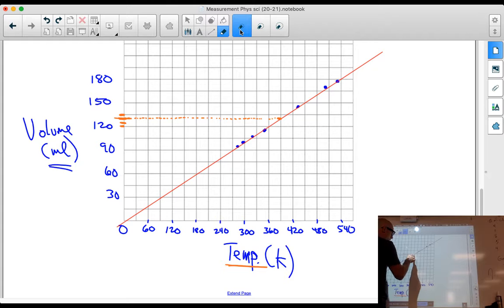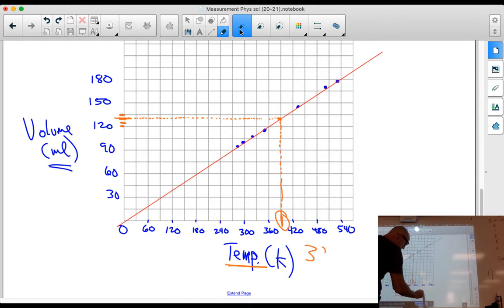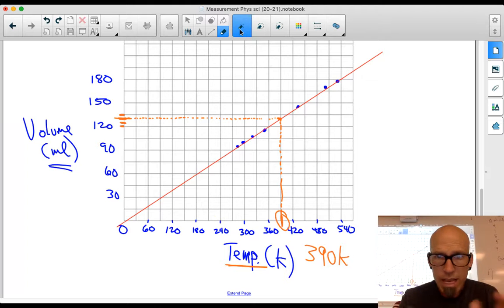So once you get to the best fit, then you drop down on the other axis. And it looks like I'm right here in between 360 and 420. And so that would be, according to my graph, 390 Kelvin. So I hope you got somewhere around 400, give or take a little. That should be about where you ended up here.